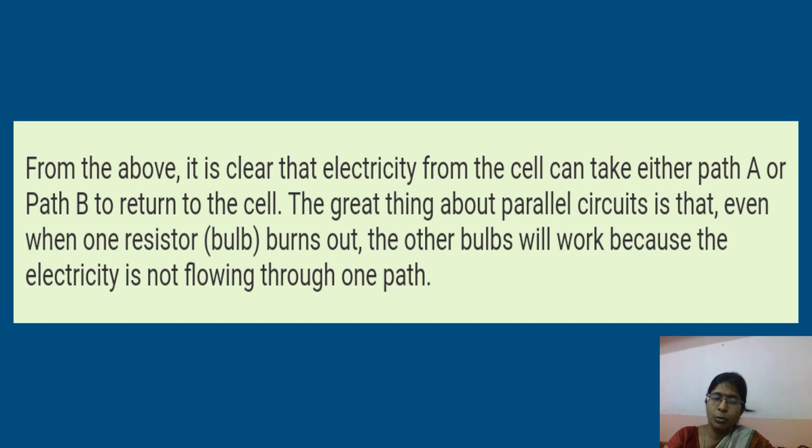Like, to reach the final destination, it has many routes. In the previous circuit, you have seen that it has two paths. If one path is blocked, it can go through the other. The same thing happens in the circuit. When one bulb is burnt out, electricity can flow through the second path and continue. This is the advantage of the parallel circuit.